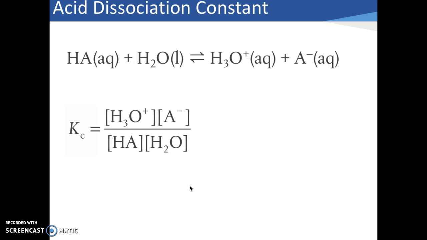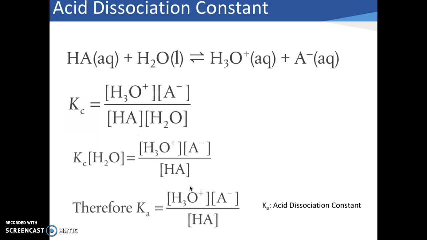So we can consider it kind of like a water constant, and therefore it's not involved in the equation, and we can take it out by combining it with our Kc, and it basically just disappears, because that concentration is really not going to change unless you have something with a really, really high concentration of acid, and that's not going to happen that much. So you get an equation for Ka as hydronium ion concentration times the conjugate base, all divided by your acid concentration. Okay?